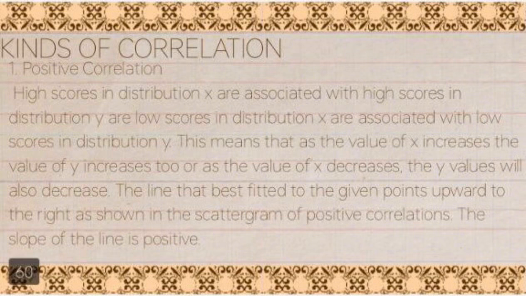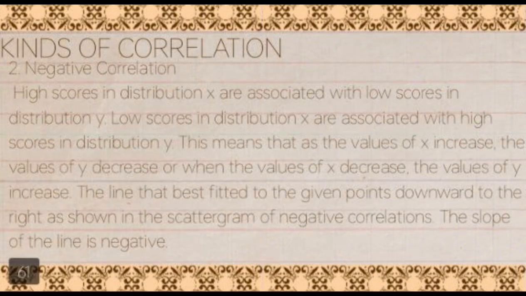For example, if students who score high in math also tend to score high in science, that's a positive correlation. The pattern of the data points in a scattergram goes upward to the right. The line that best fits these points has a positive slope. It means both sets of scores are moving in the same direction. So high goes with high and low goes with low.